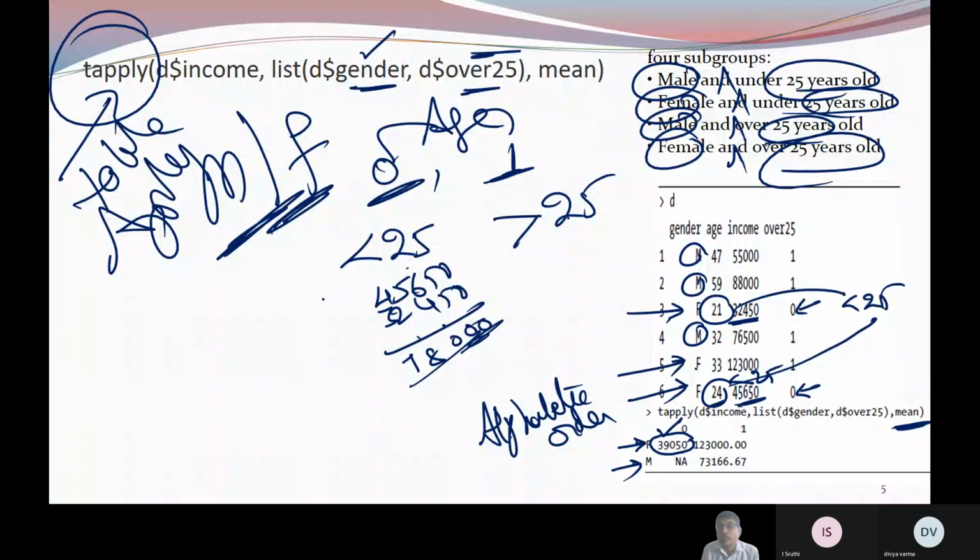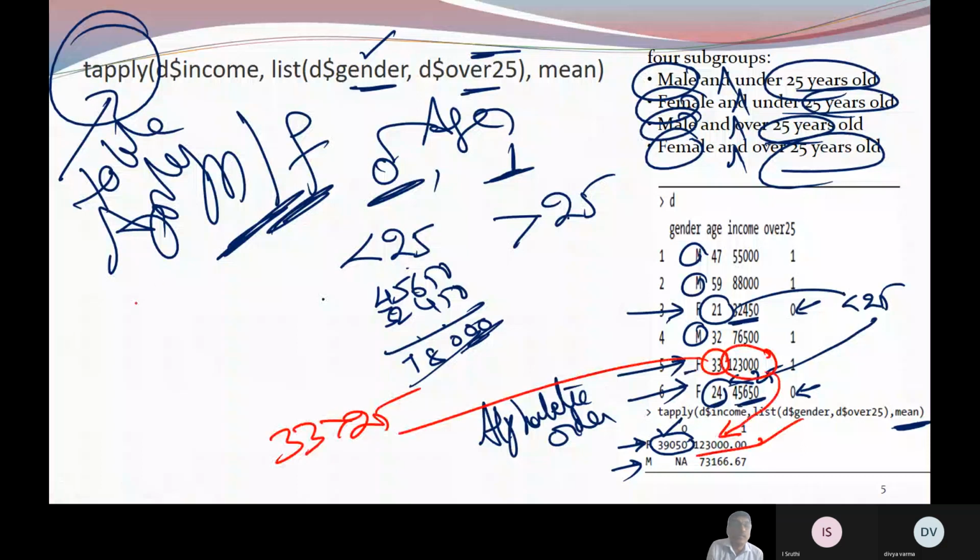Assume the value here was a female whose age is 33. So 33 is greater than 25, and the salary was 12,300, which is why we put 12,300. Now let us check the male's income and age: 45 greater than 25 years, 49 greater than 25 years, 32 greater than 25 years, so only 3 records.